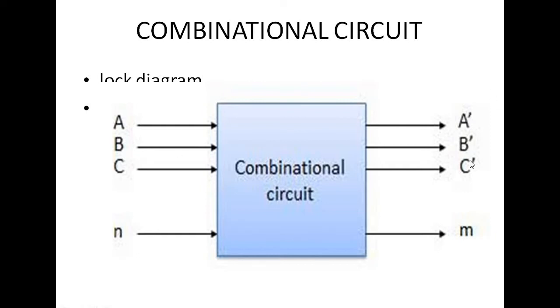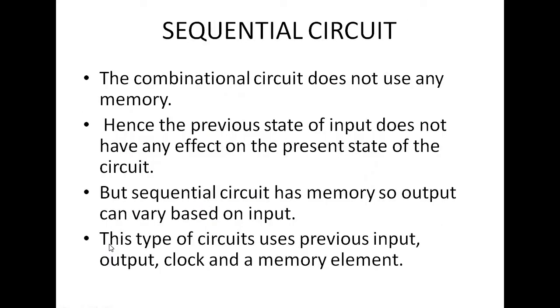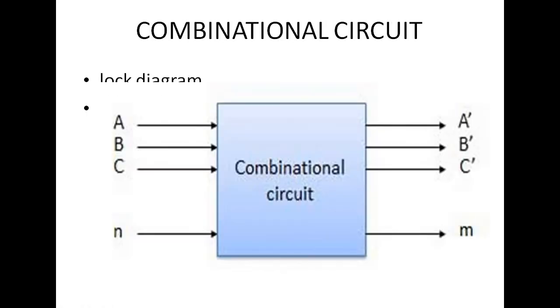A prime, B prime, C prime up to M depend only on the present inputs A, B, C up to N. So this is a combinational circuit: present output depends on present input, and it does not require any memory.